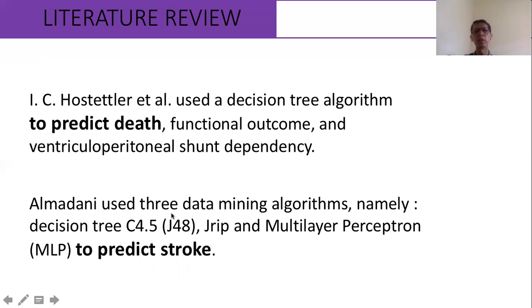Almadani used three data mining algorithms: decision tree C4.5, GRIP, and multi-layer perceptron to predict stroke. Almadani used a dataset containing 968 records, and attribute selection was enforced to cut data dimensionality.